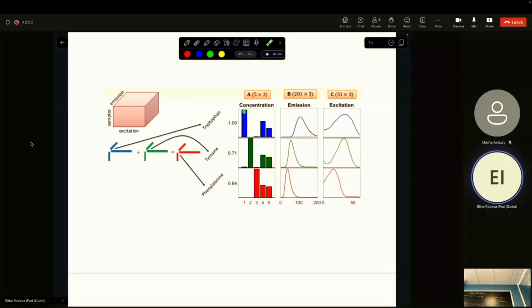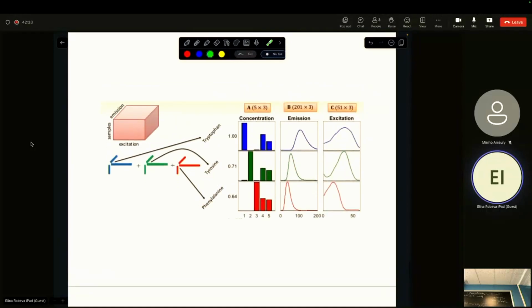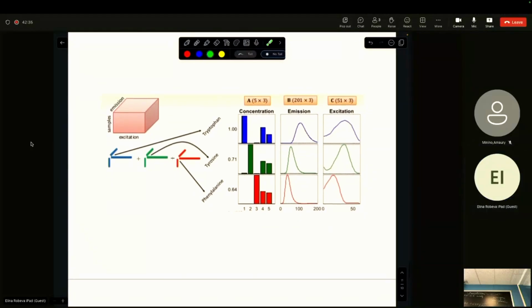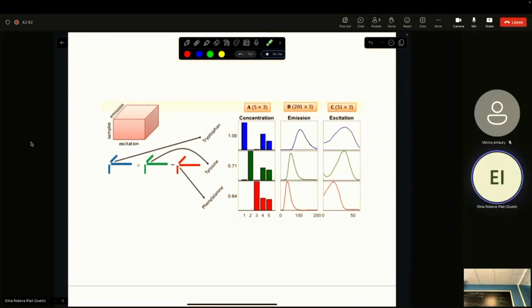So these are the concentrations of chemical 1 in each of the 5 samples, and chemical 2 and chemical 3. And then these are the emission and excitation profiles that we have, the beta and the gamma. I may have switched beta and gamma. Anyways, this shows you that this is an application of CP decomposition where you take the full data tensor and you decompose it.